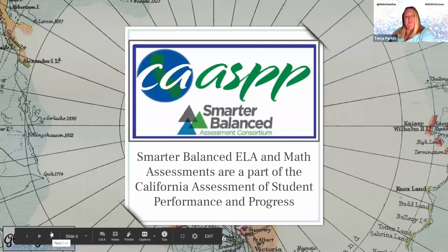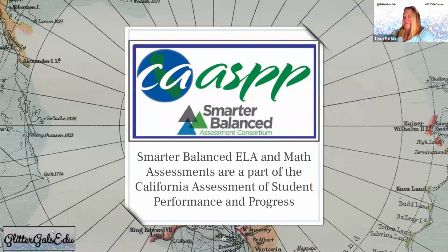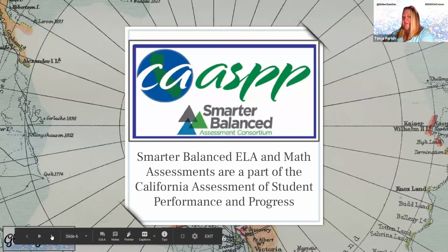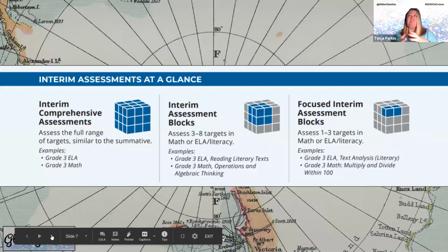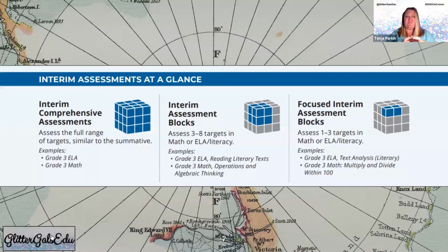Then when we think about the interim assessment blocks, they're multifaceted as well. So that first ICA image that you see there, the full block. Think about these as sort of a practice run of the final CAASPP test that our kiddos take in May.